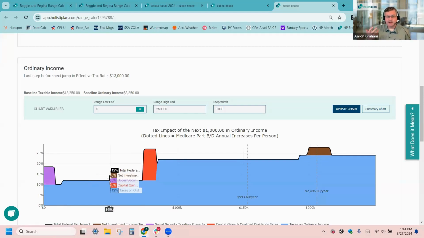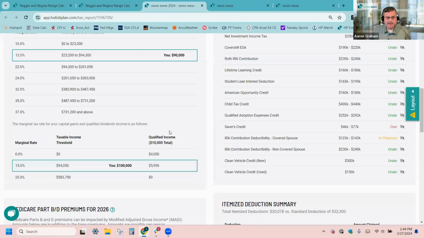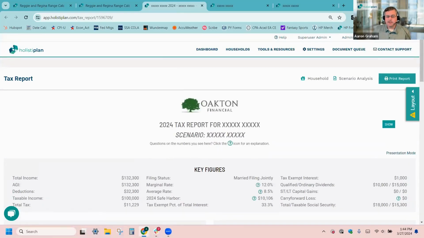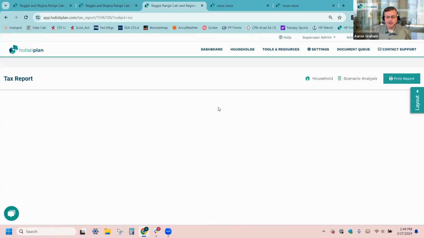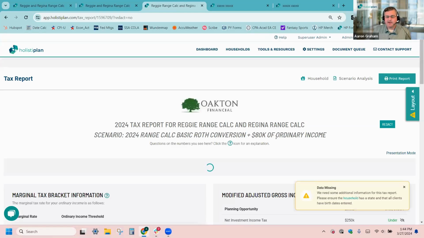It just creates discussion points, if you will. Same thing with this red area here. Maybe they have a lot of qualified income and you don't want to trip over and create a 27% tax liability or effective tax rate for that slice. But to your point, this is the tax report for that. Let me just make sure I think this is the $80,000 one. Yeah, $80,000 of ordinary income.